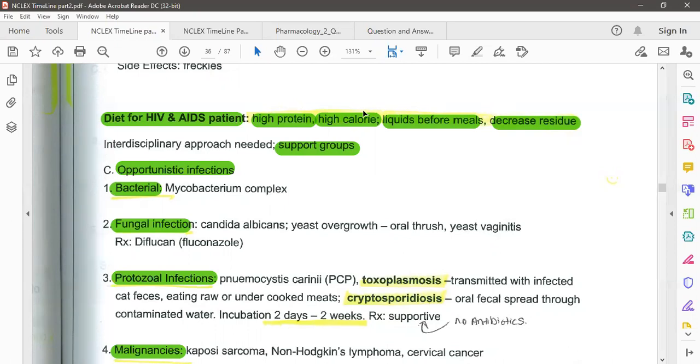They lose 10% of weight and one of the following for 3 days. Patient develops diarrhea, fever, chronic weakness. Because of this, they need to consume small, frequent, high protein and high calorie, nutrient dense food or meals.